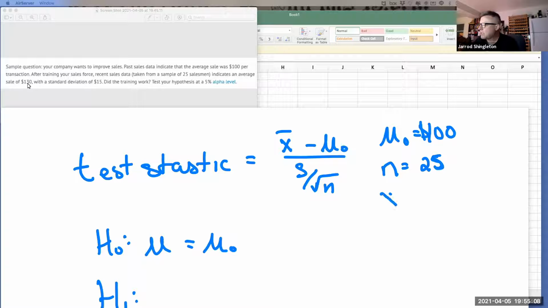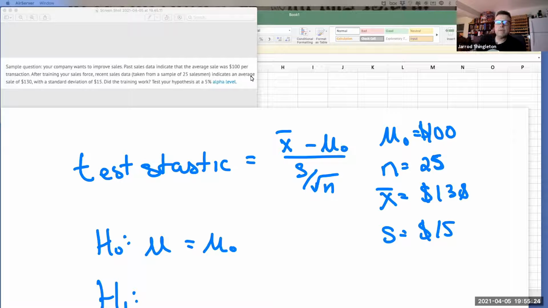So our X bar is 130, okay, with a standard deviation of $15, right? Did the training work? Test your hypothesis at an alpha equals 5% level. So my alpha is 0.05. This is a pretty typical alpha level, so you'll see this quite often.